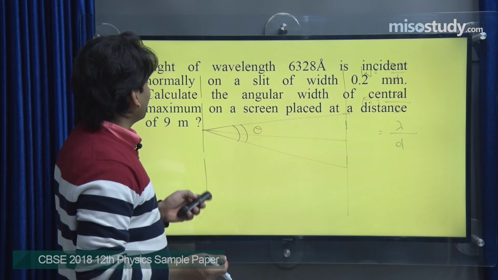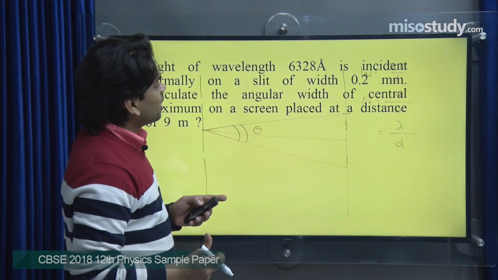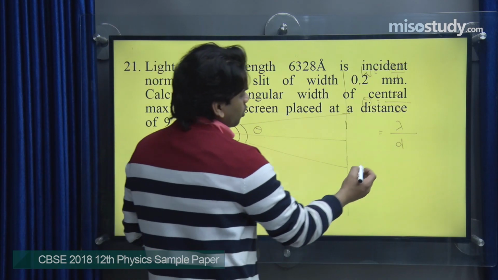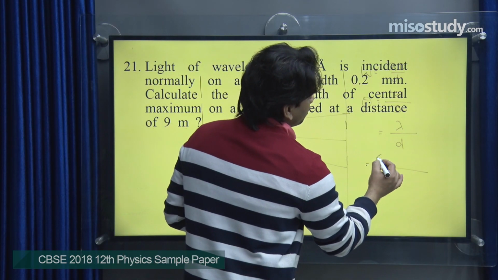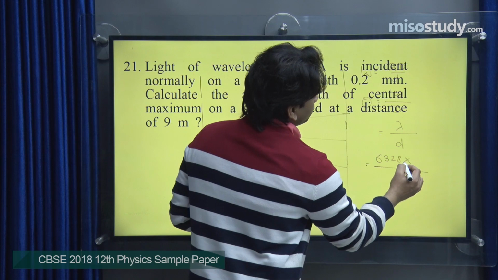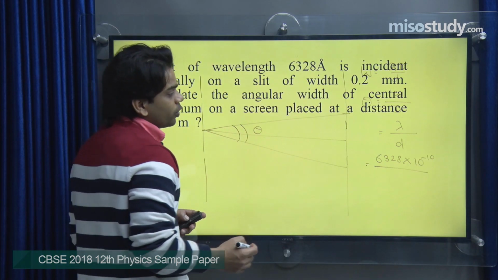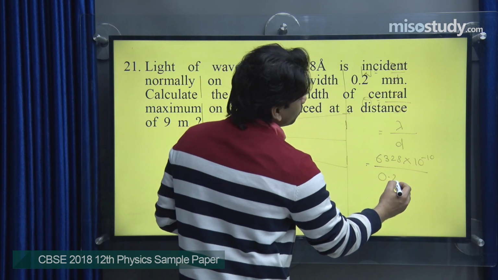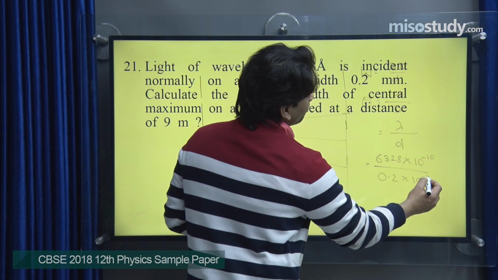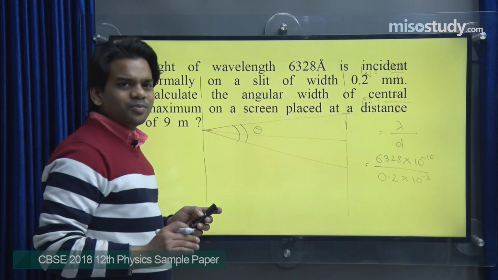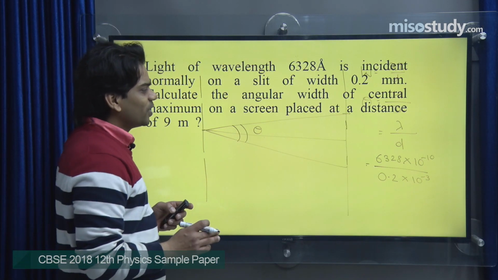If you substitute the values, lambda is 6328 angstrom, divided by small d, that is given as 0.2 mm, so 0.2 into 10 to power minus 3. We can simply evaluate it, and we will get the value in radians.